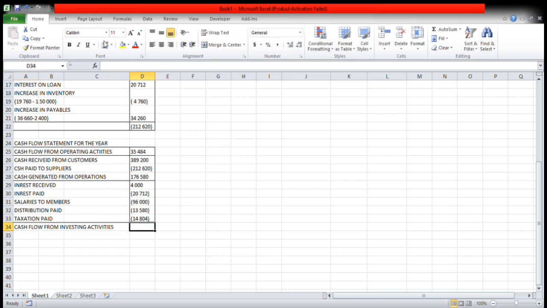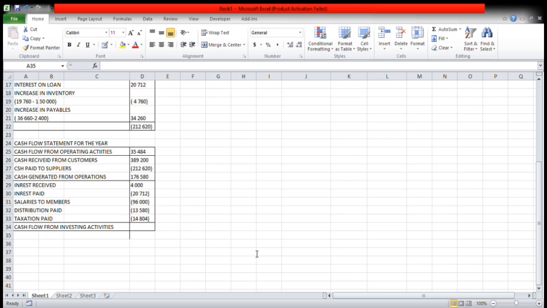With the investing activities, we're going to check if we purchased any asset, or if we sold any asset, or if we ever had an investment that was matured or placed or decreased or increased.